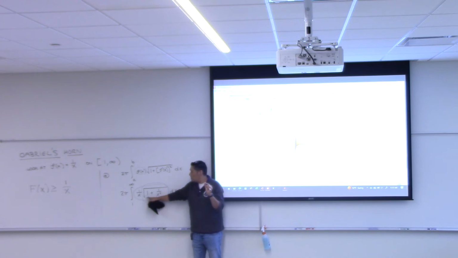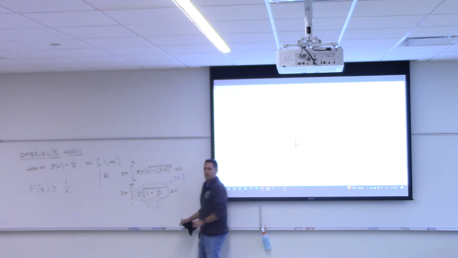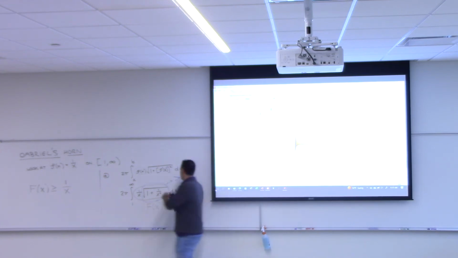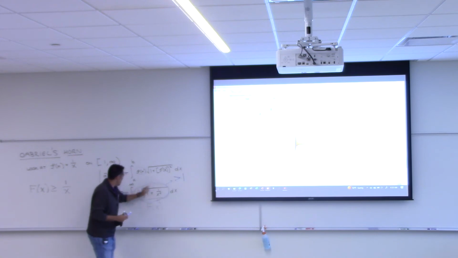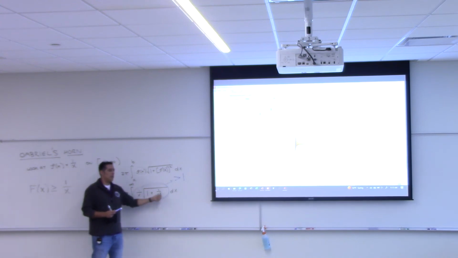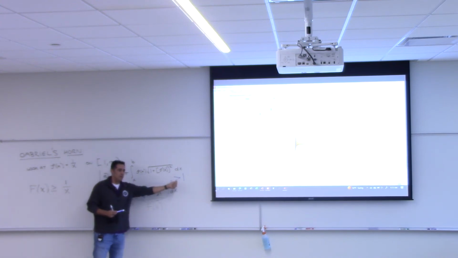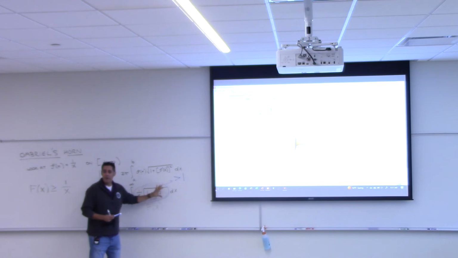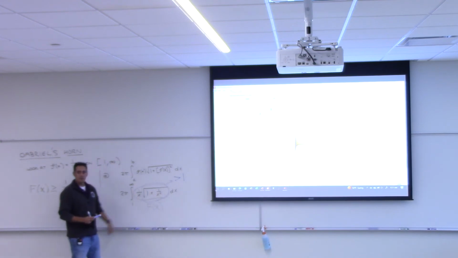And if I add 1 to it, that's bigger than 1. So what's in blue here is bigger than 1. If I take a number that's bigger than 1 and multiply it by 1 over x, this whole thing should be bigger than 1 over x. Follow? So this capital F of x should be bigger than that.